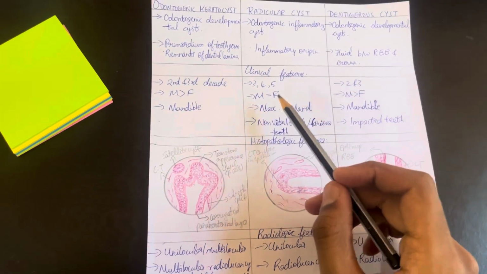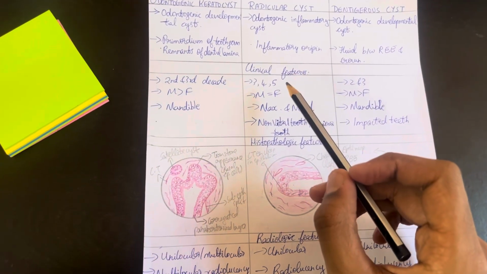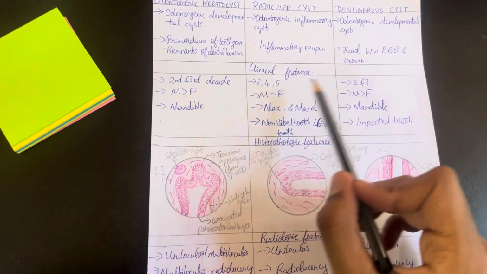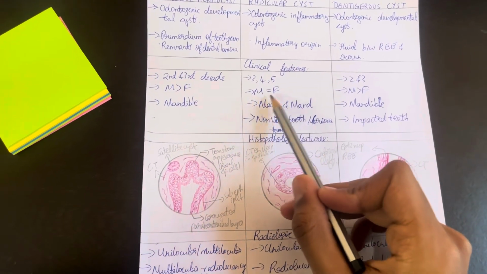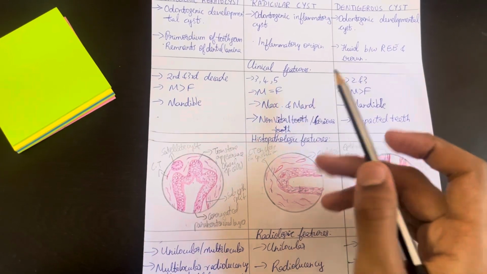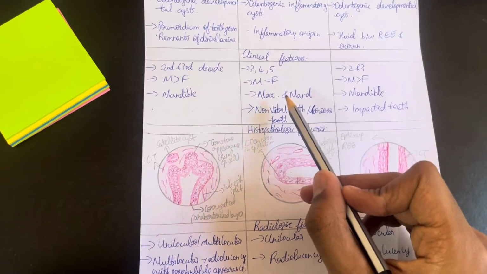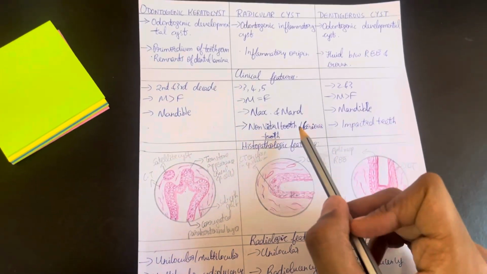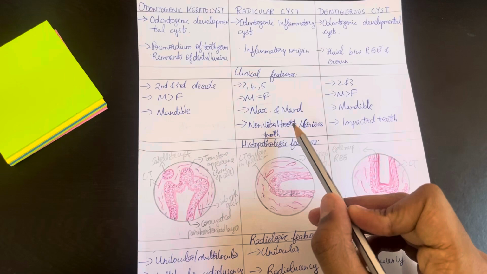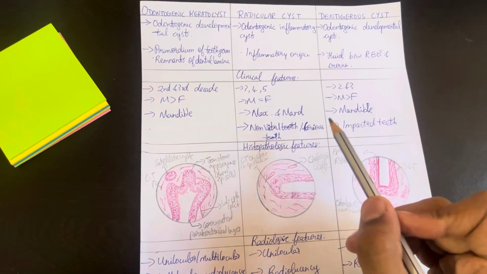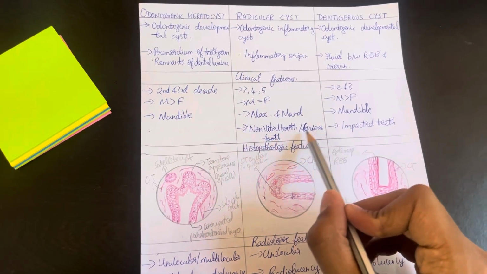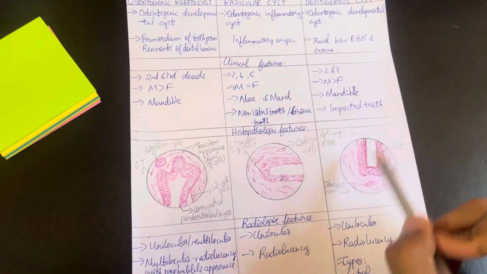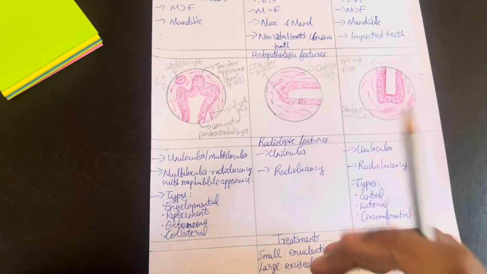When coming to the radicular cyst, it affects the third, fourth and fifth decade, that is 30, 40 and 50 years, and there is no sex predilection. Both are affected equally, and both maxilla and mandible are affected in radicular cyst. The site where the radicular cyst appears is a non-vital tooth and carious tooth, and in dentigerous cyst it is impacted teeth.